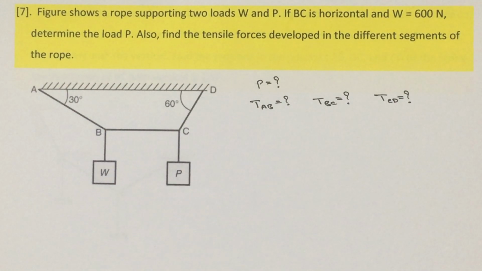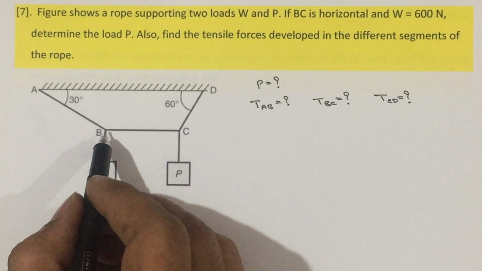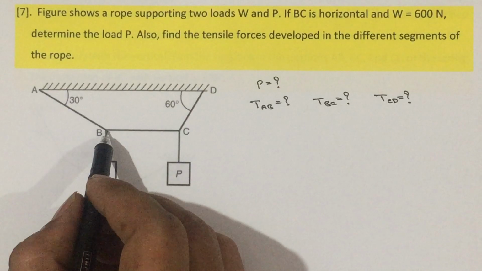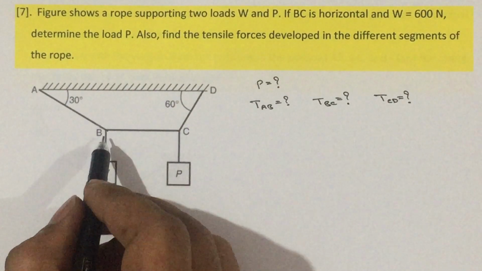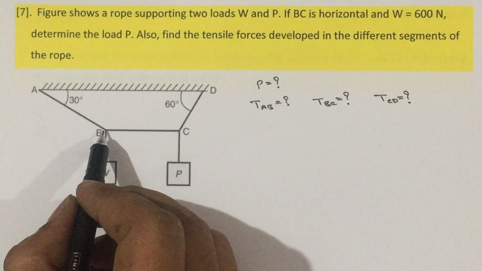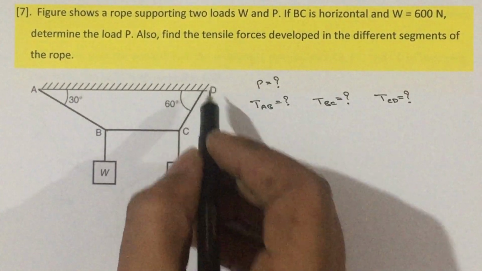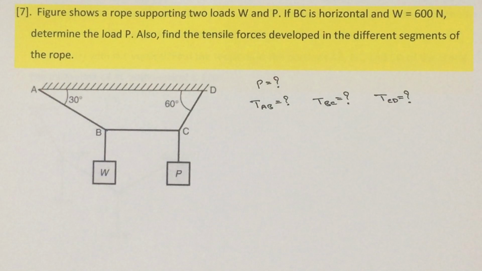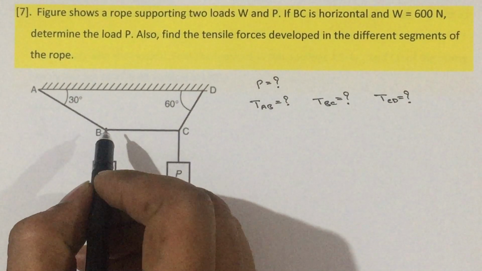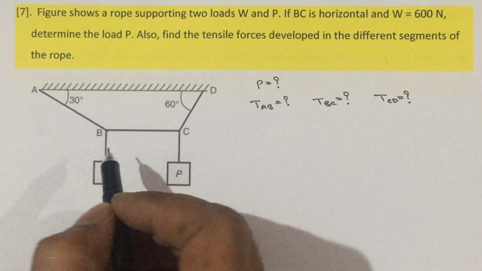First, the point, where we need to select. Suppose I select the B point, here 3 lines are connected, BA, BC and W. So, I will get the member forces in BA and BC. What about CD? I can't get all the forces if I write the free body diagram at a single point.